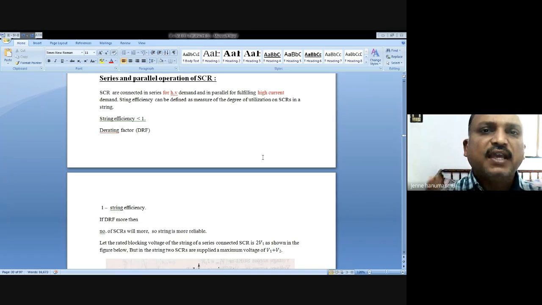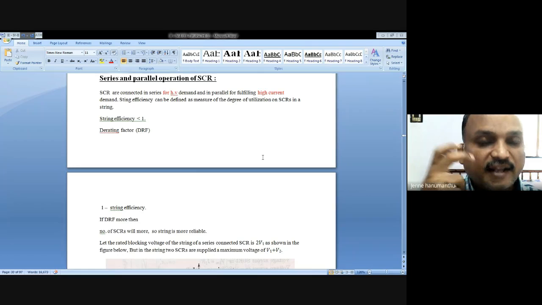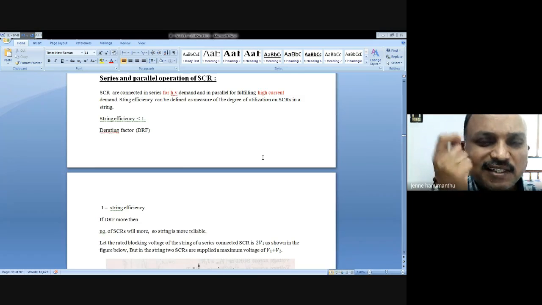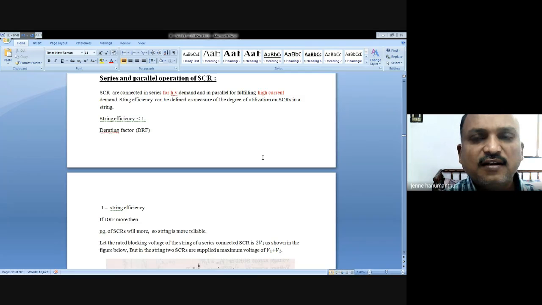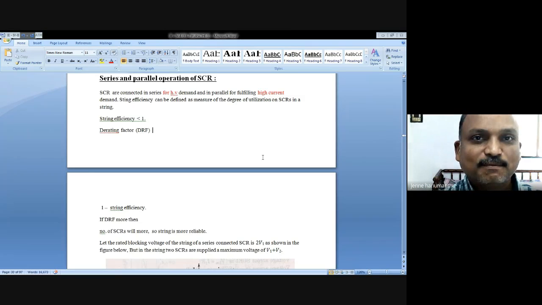So how do I get a higher voltage drop or high current flowing through the SCR? How can I visualize this? How can I construct it accordingly? A single SCR cannot function here.